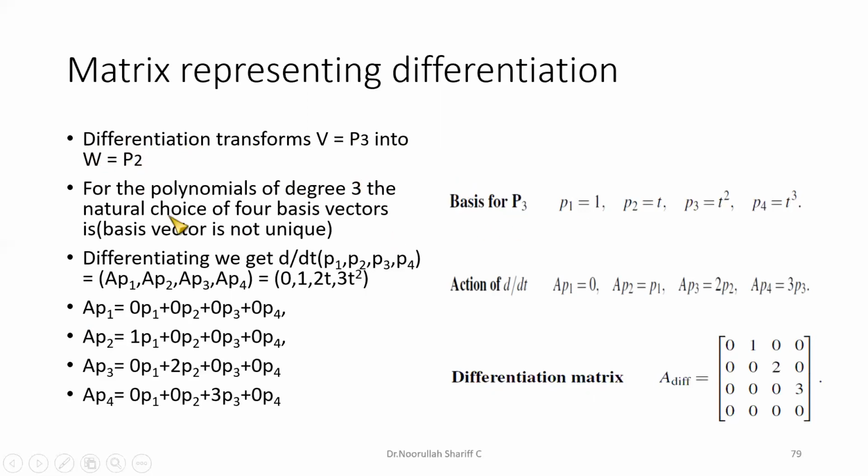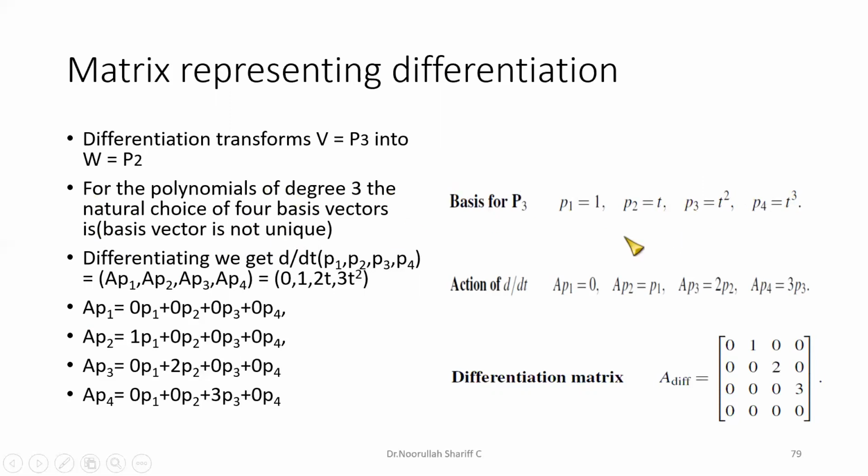Now, for polynomials of degree 3, the natural choice of 4 basis vectors is, and again one should remember that the basis is not unique, p1 equal to 1, p2 equal to t, p3 equal to t square, p4 equal to t cube.